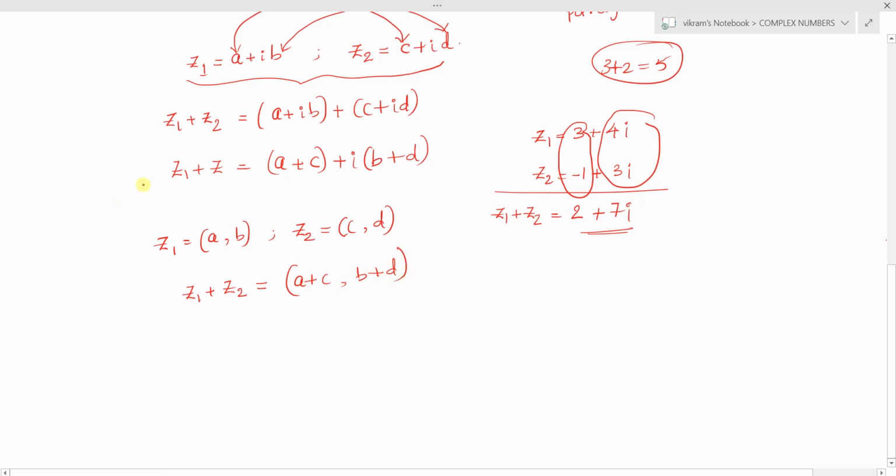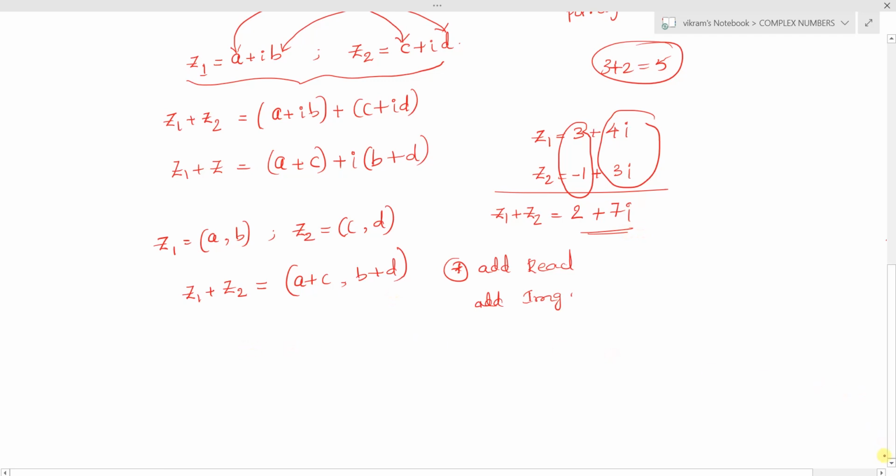So in the addition of two complex numbers, we need to remember the point: add real parts and add imaginary parts, and we will get the required result.